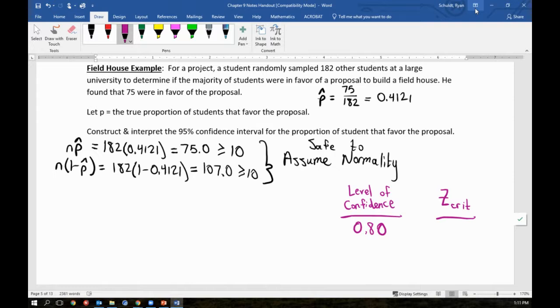On the small chart in the bottom corner of your Z table, is it 1.28? Okay. Our critical value for 80% level of confidence is 1.28.